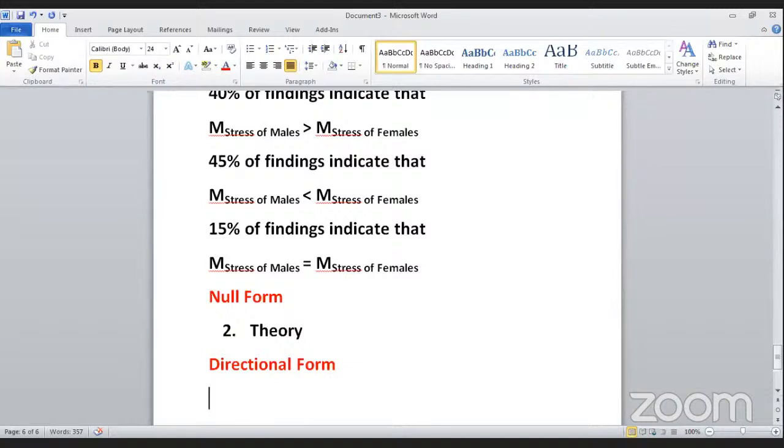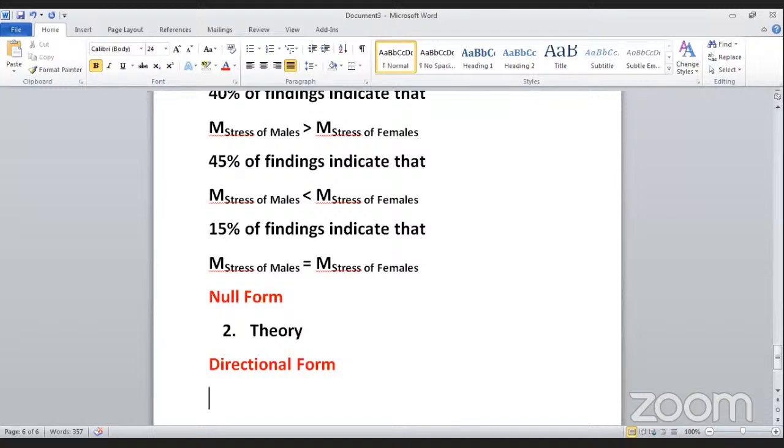The second base is the theory, and any research is based on any theory. Whatever the theory in your field you are using, then in that particular case, you have to only form hypothesis in the directional form. You cannot formulate hypothesis in the null form.